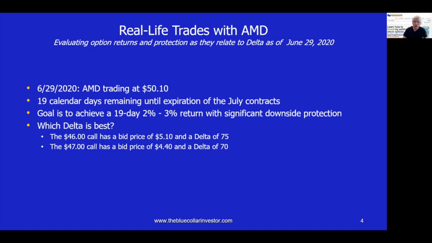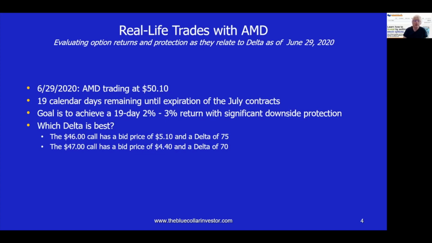So that means strikes lower than 50.10. Now, there are only 19 calendar days remaining until expiration of the July contracts. So if you're looking to annualize these returns, you would have to multiply by a factor incorporating the fact that this is only a 19-day trade. What is our goal? Well, I'm going to set a goal at 2 to 3% for the 19 days.